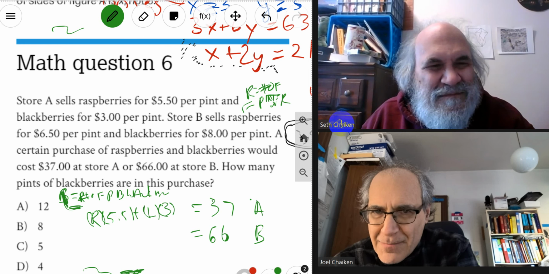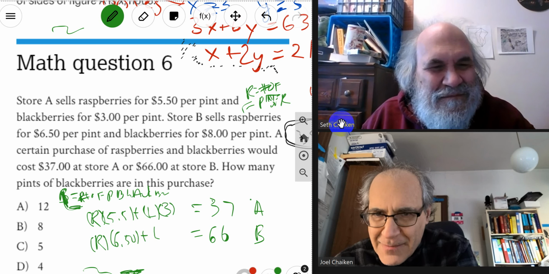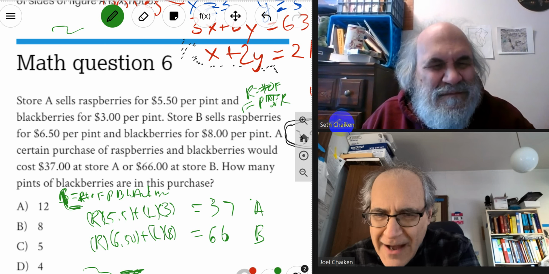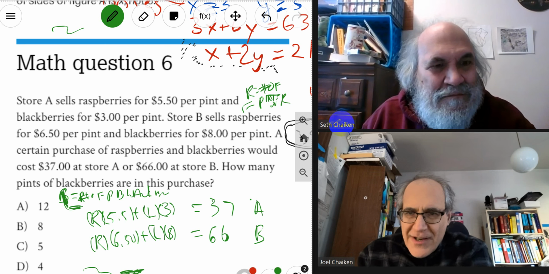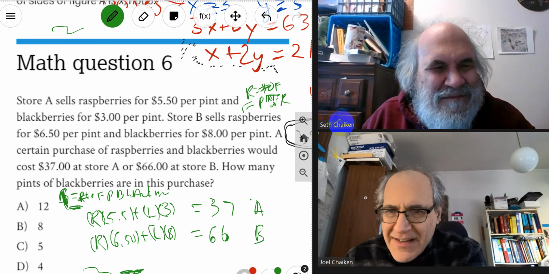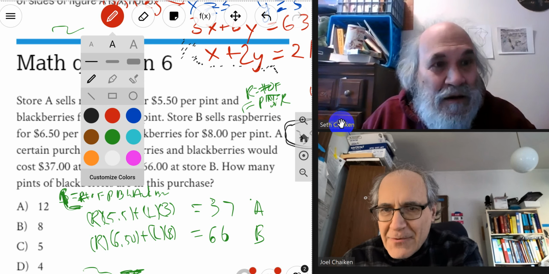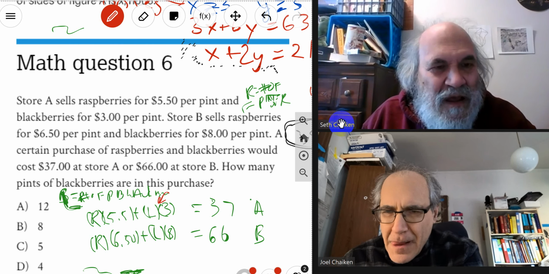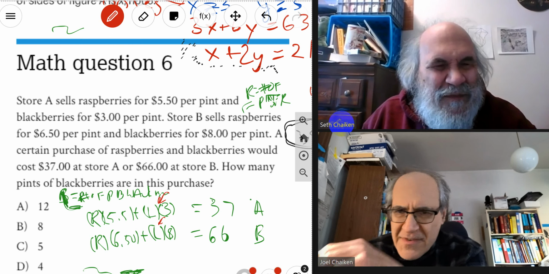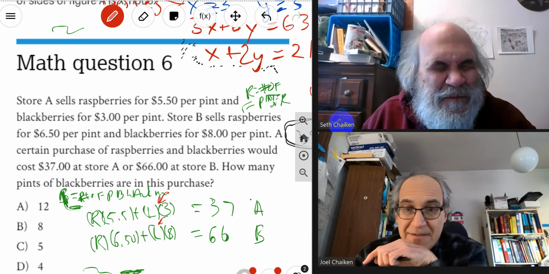And store B sells raspberries for $6.50 and blackberries for $8. Wow, are they really asking a two-equation, two-unknown problem? They want us to solve for L, right? So we have to be careful to solve for L, not solve for R.